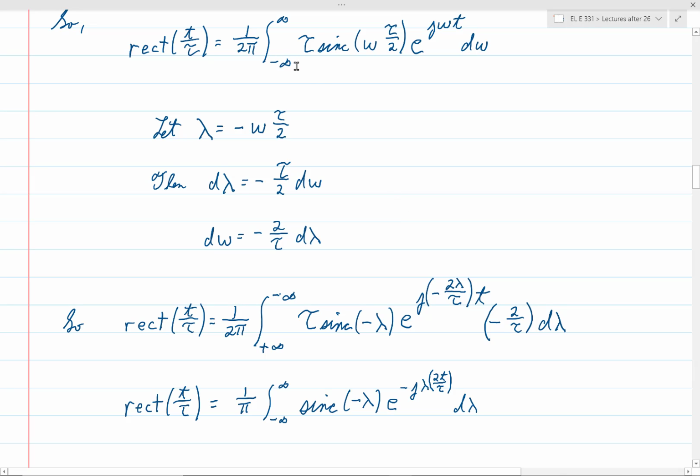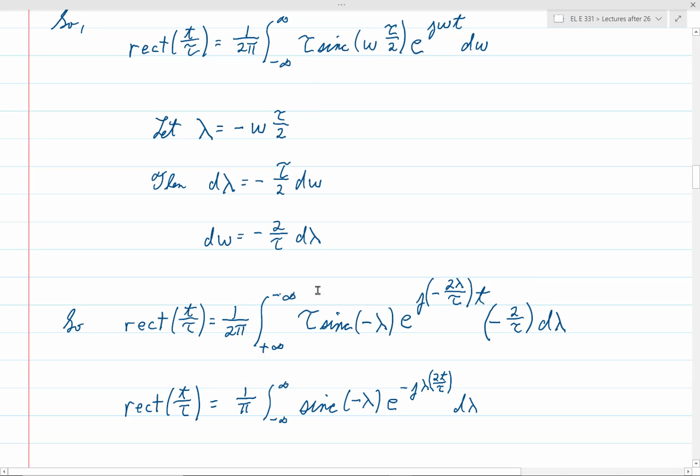In this integral, this negative infinity means that omega is negative infinity. But if omega is negative infinity, then since lambda is equal to negative omega times tau over 2, lambda will be positive infinity for the lower limit. And similarly, when omega is equal to positive infinity, then lambda will be negative infinity.